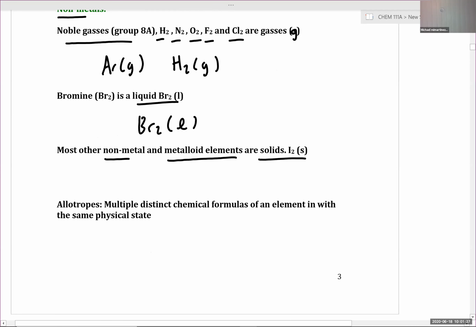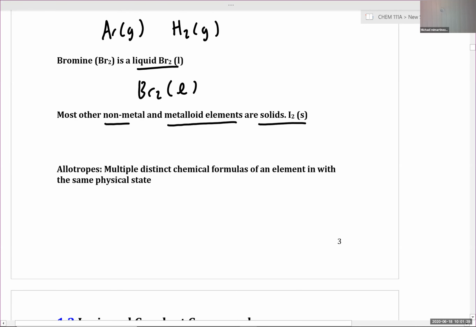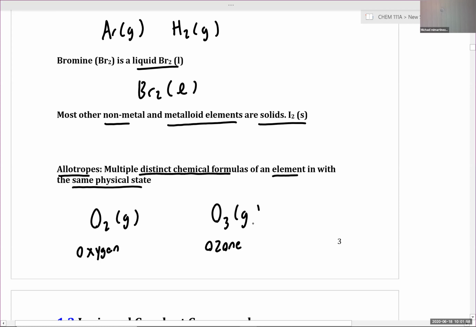Now there's a special term that we need to talk about with regards to two formulas for an element in the same physical state. We call these allotropes. They're multiple distinct chemical formulas of an element in the same physical state. So for example, oxygen has the formula of O2 gas. An allotrope of oxygen, which is ozone, has the formula O3 gas.